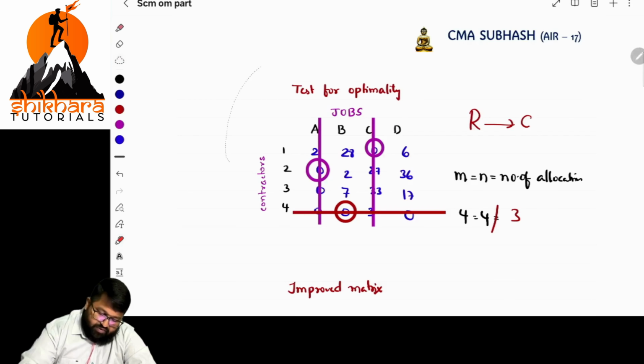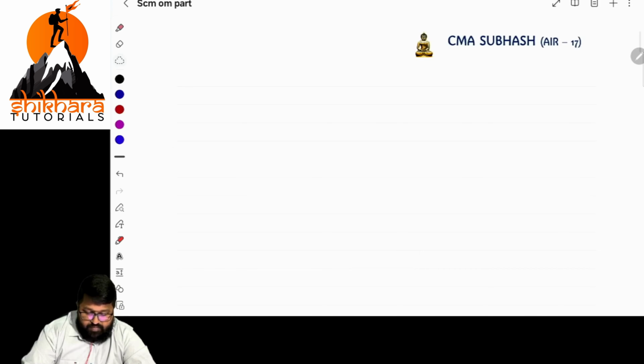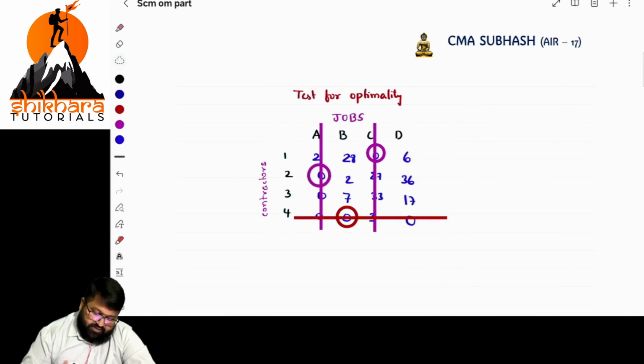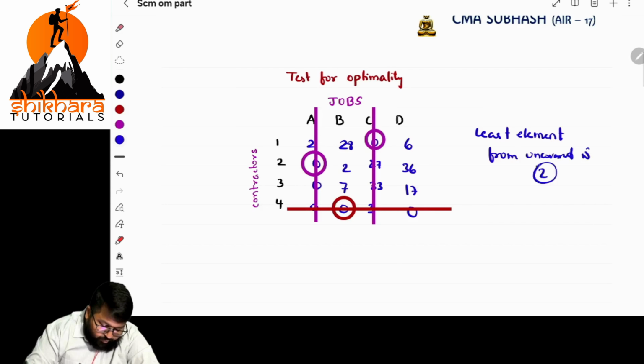This is the matrix we got there. I'm representing it here. The test for optimality we got is this, and now the least element from uncovered is 2.